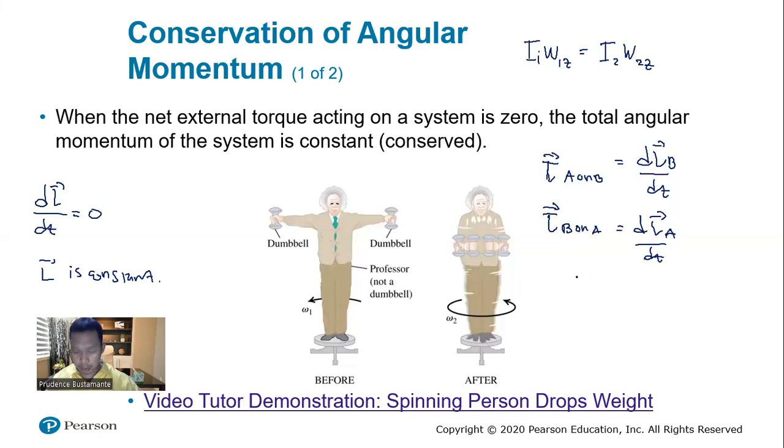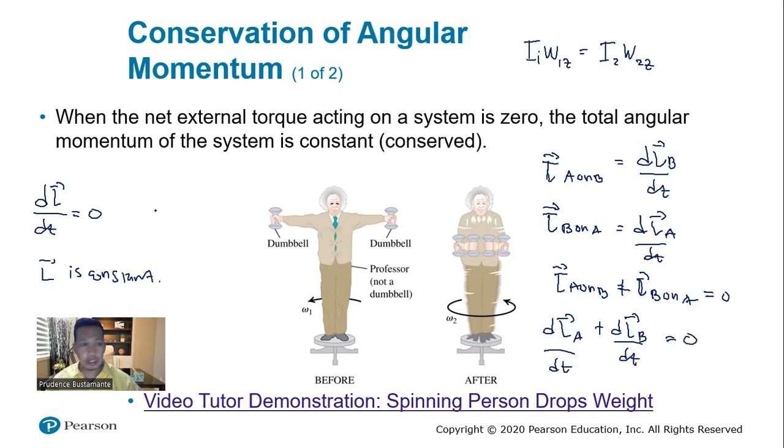So if you add these torques, the torque of A on B plus the torque of B on A is equal to 0. So we have dL_A plus dL_B over dt equal to 0.